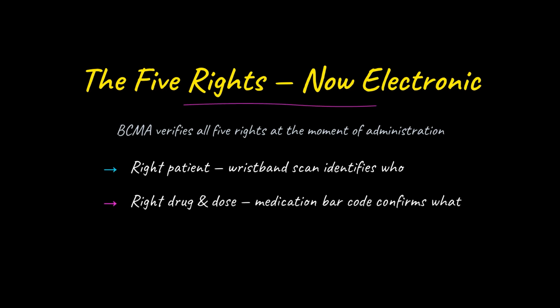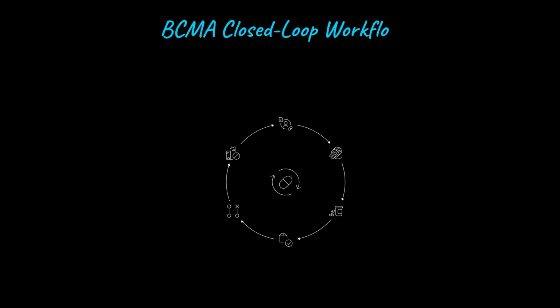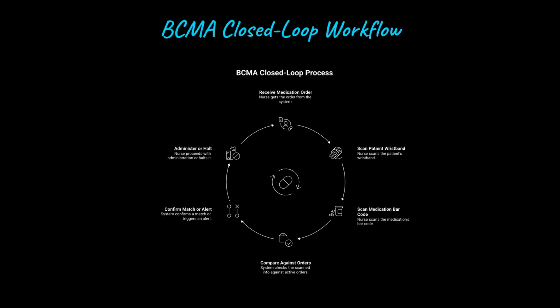BCMA converts that human check into an electronic one, comparing scanned codes against the active order in real time. The closed loop works like this. The nurse scans the wristband, then the medication, and the system instantly checks both against the patient's active orders. A match allows administration to proceed. A mismatch triggers an alert before any harm can occur.